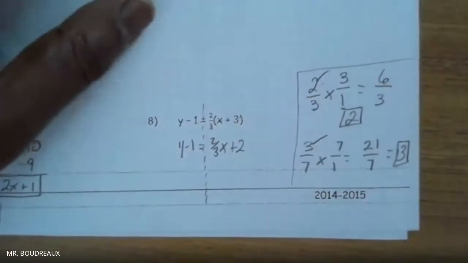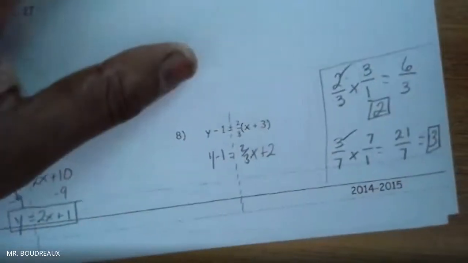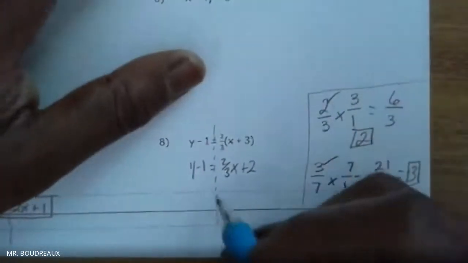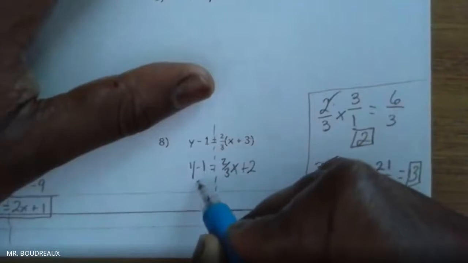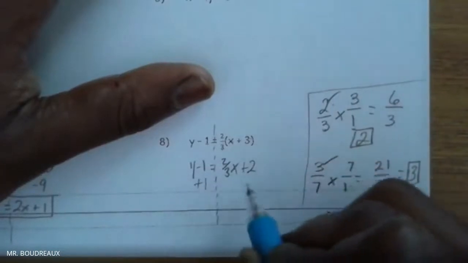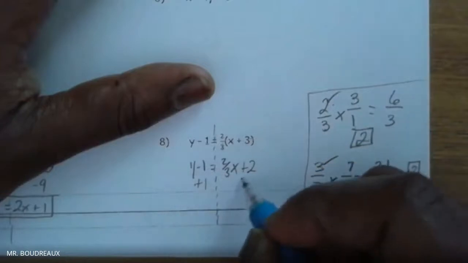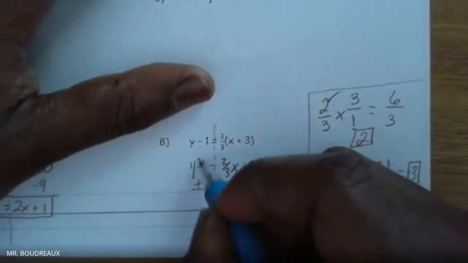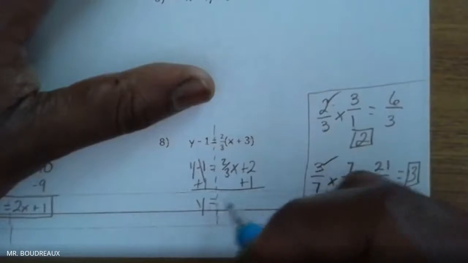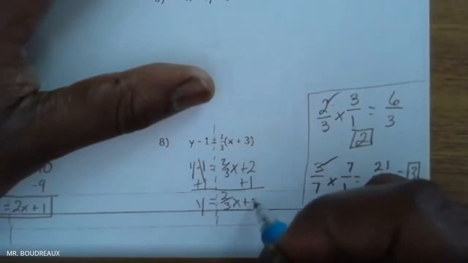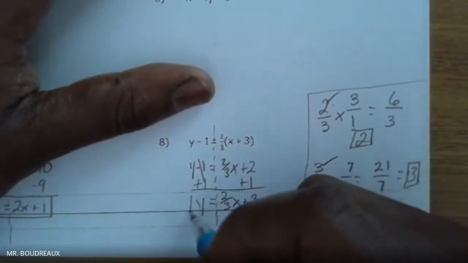So it's just a little trick you can remember if you ever want to get rid of your fractions and keep it simple. Now we can come back to the problem. We left off with negative 1 here, so I need to add 1, and I'm left with y is equal to 2/3 x plus 3.